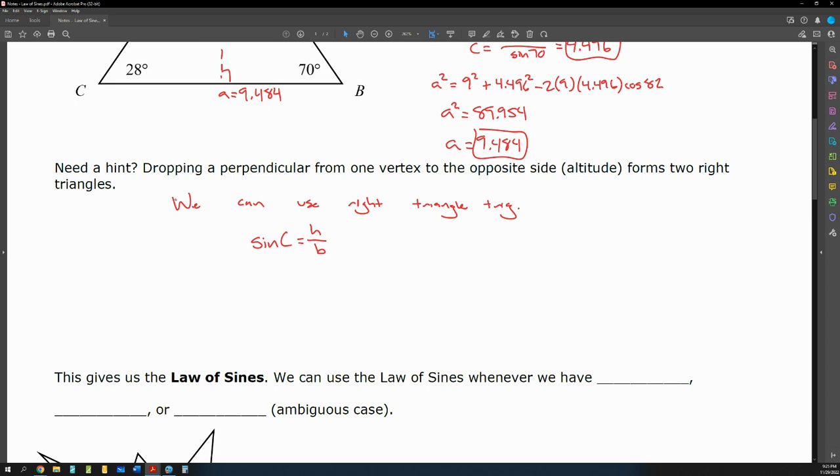We also looked at angle B, and we said the sine of B is equal to the opposite, the height, over the hypotenuse, side length C. We solved each of these for h and then set them equal to one another.